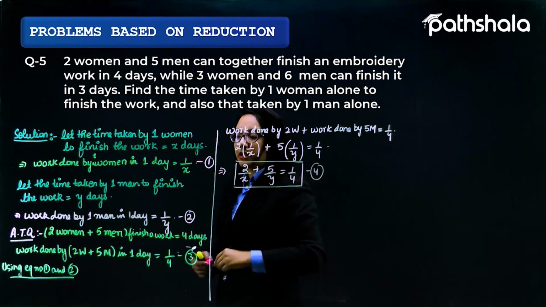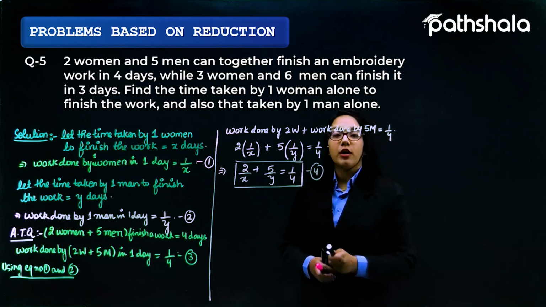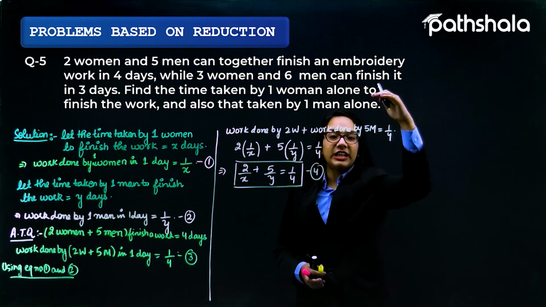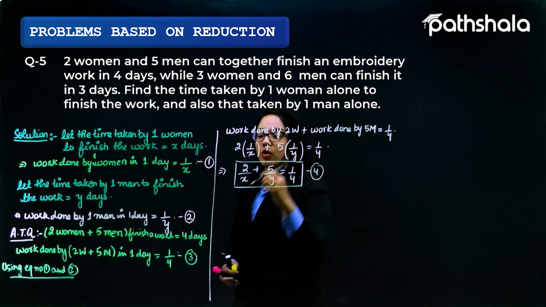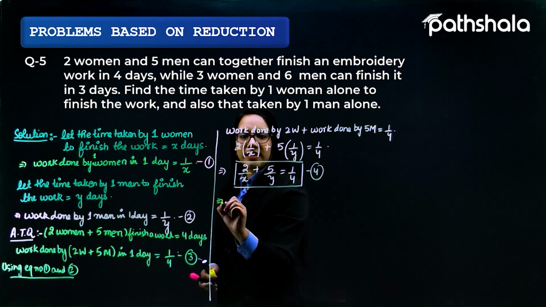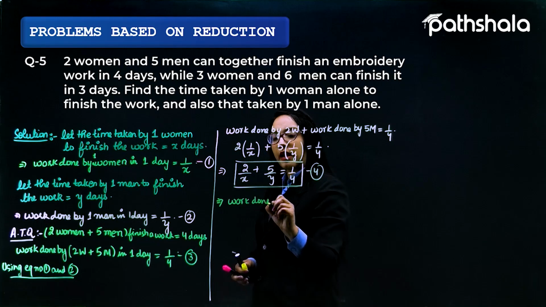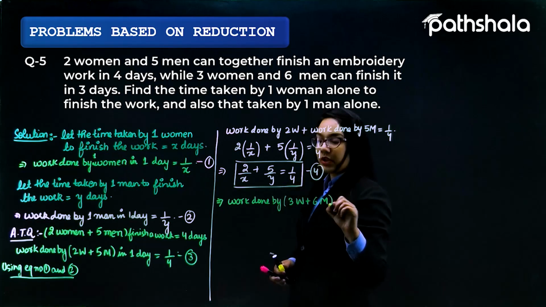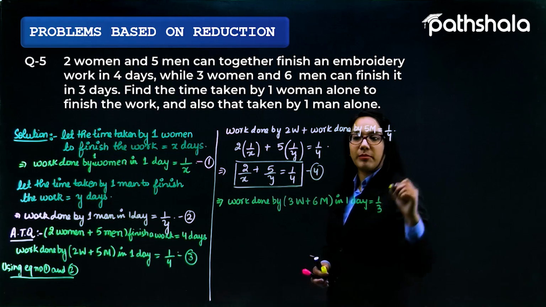In the similar manner, 3 women and 6 men can finish the work in 3 days. They all together are finishing a work in 3 days. So the work done by 3 women and 6 men in a day is of the form 1 by 3.